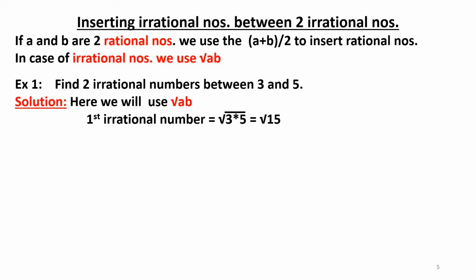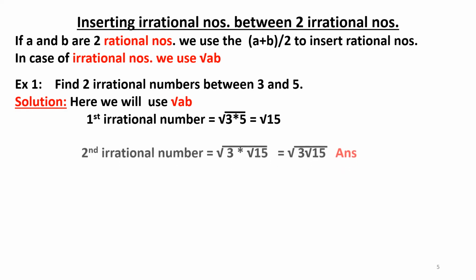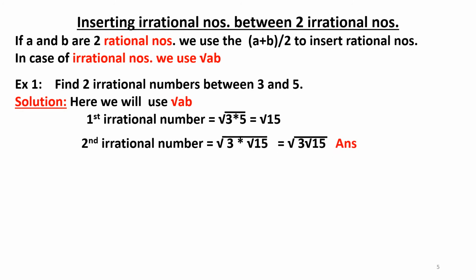Now, how to find the second irrational number? We will take 3 and root 15. Okay, here we multiply, see this? 3 into root 15 and we take the square root. Inside, 3 root 15 is there, overall 1 square root. So, the answer is root over 3 root 15.